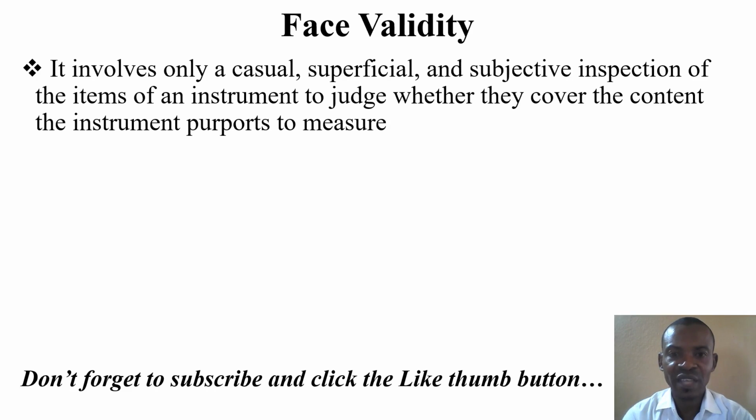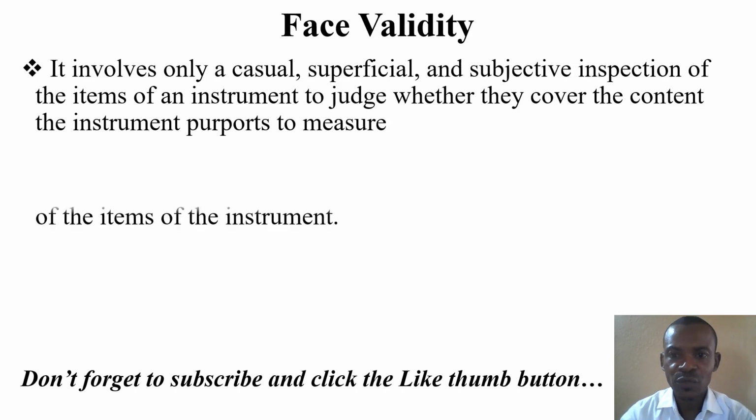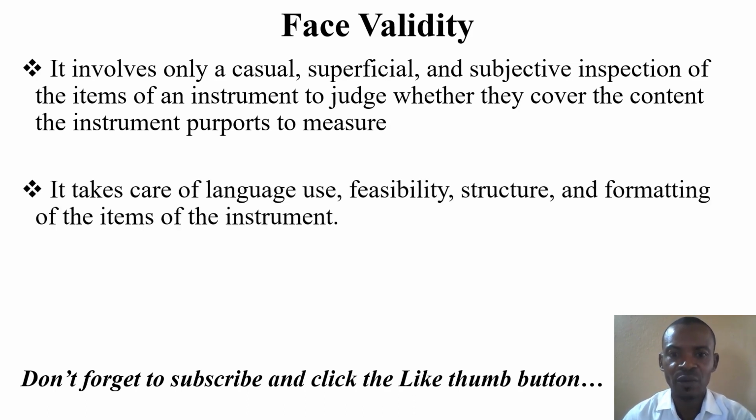If an instrument is said to measure educational success or academic success and is given to an expert to look at, the expert is said not to consider what exactly the definition of academic success means, but he just looks at the instrument based on its casual look, inspects it to see how it is formatted or structured. That is simply face validity. That is why face validity takes care of language use, feasibility, structure, and formatting of the items of the instrument.